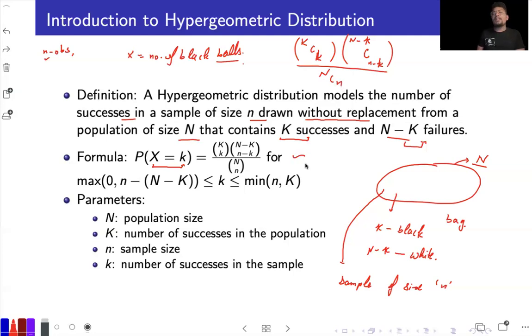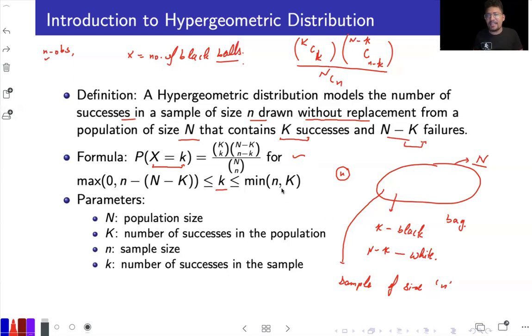Very simple. Now, what are the possible values of k? For the maximum, if the sample size n is less than capital N, then you won't have more than n successes, correct?